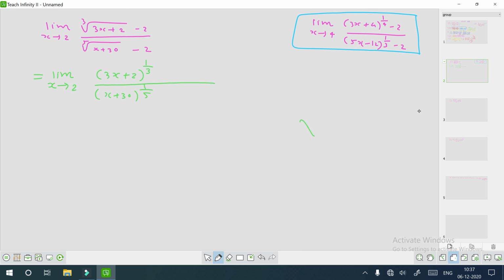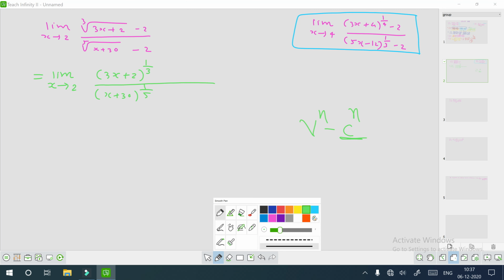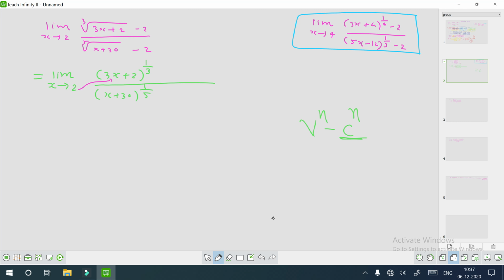Now see, variable raised to n is given, so first of all arrange constant raised to n. Now take this limit here. If I take x is equal to 2 here, 3 times 2 is 6 plus 2, 8. 8 raised to 1 by 3. In place of this 2, can I write 8 raised to 1 by 3?